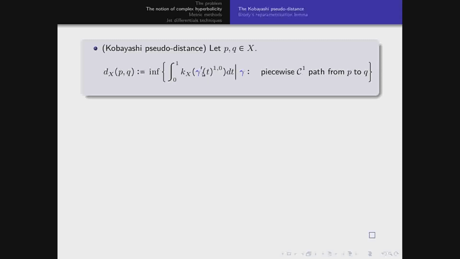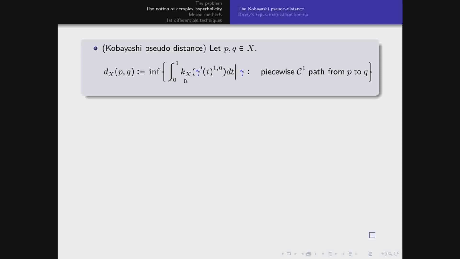So gamma prime of t is a real tangent vector to X, so that's why you have to take the (1,0) part to get a complex tangent vector, and then applying k_X you get your quantity from before.